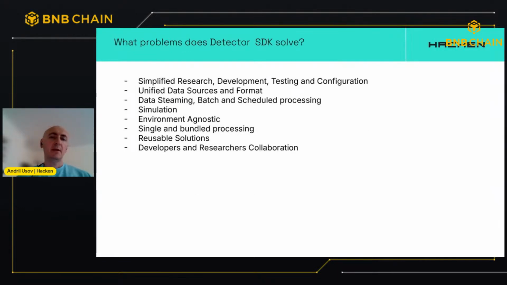And that's what kind of problems Detector SDK solves. It simplifies research and development, so you can make a quick POC, a proof of concept. The approach which we would like to implement and test can be implemented quickly.